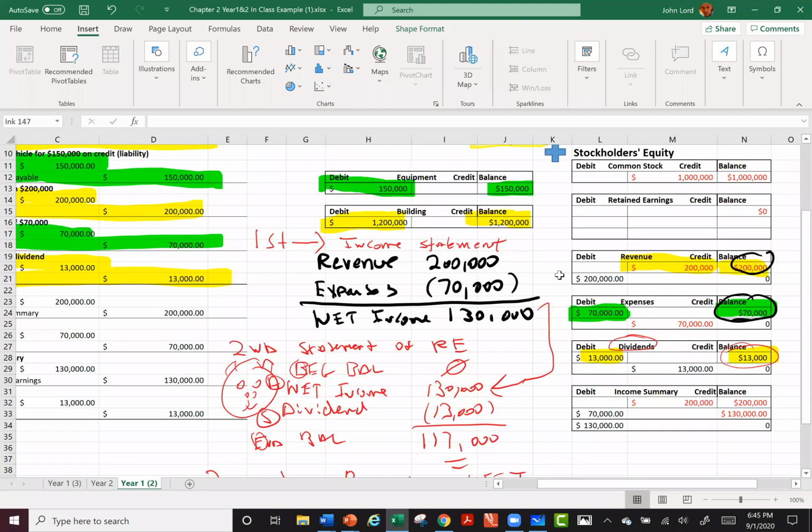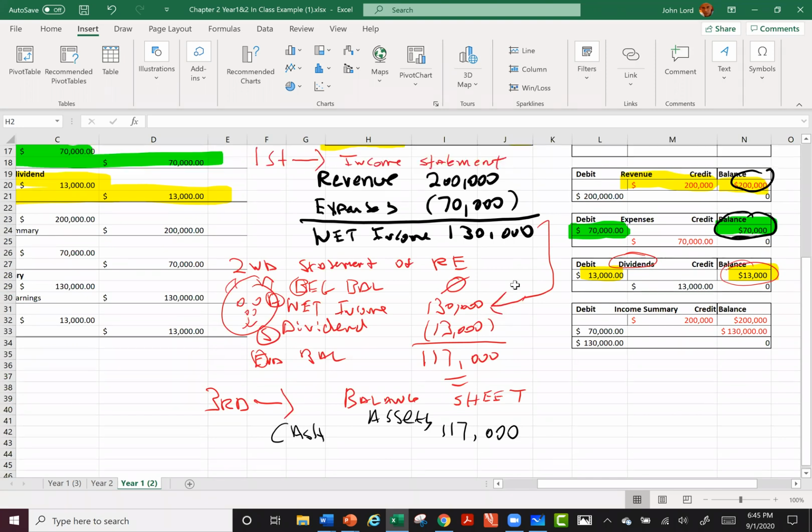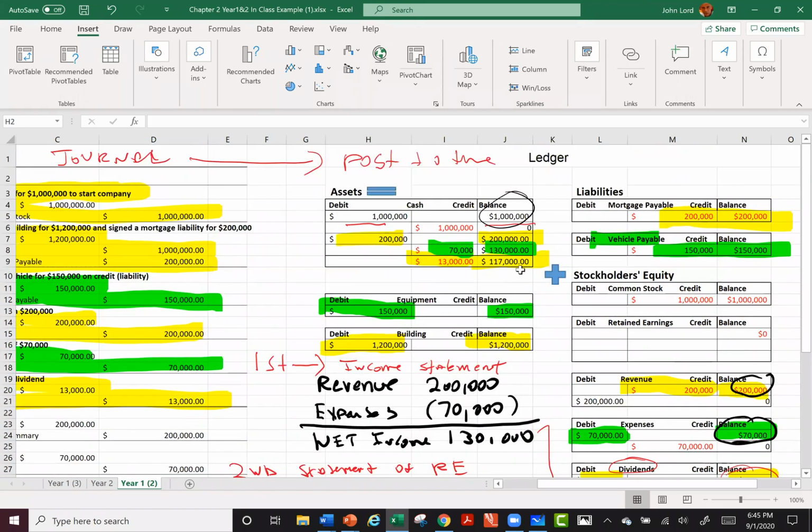My favorite asset is cash. I say that, but then I spend my cash to get other assets that I like too. Cash, because I can turn that into any future economic benefit I like, within the confines of the law. So that's cash, 117.